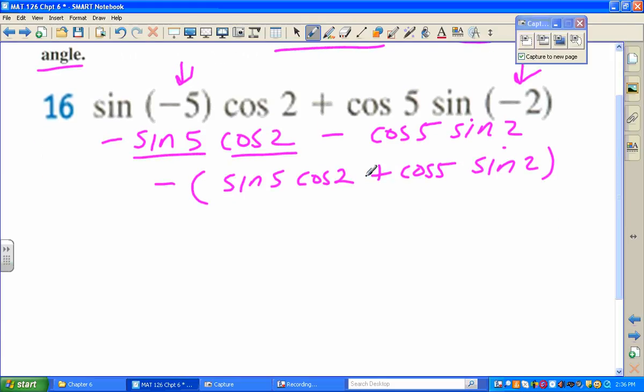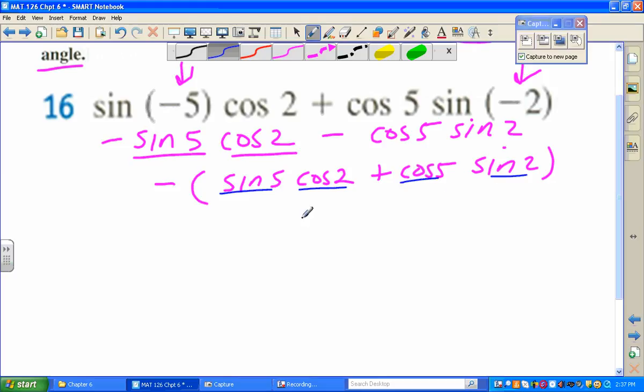Now you do have a plus sign for sine and cosine. So sine, cosine, and cosine, sine. So it works. So you have sine of. Now for sine, is it a plus between the 5 and the 2, or is it a minus? Plus. Add them together, you still got the negative out in front, so it's negative sine of 7.